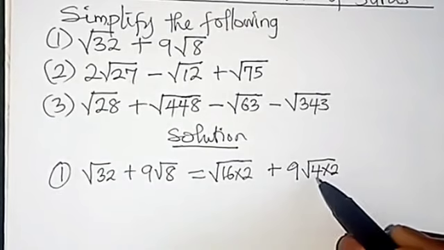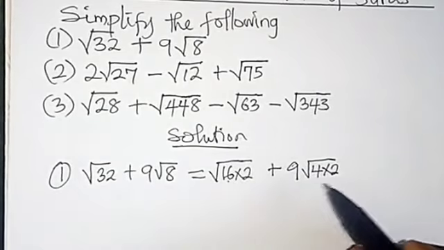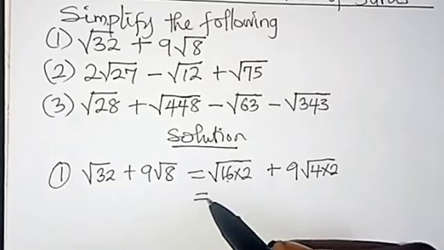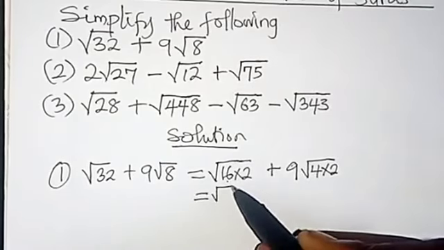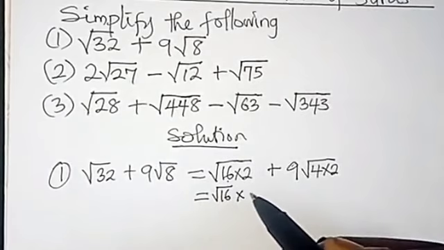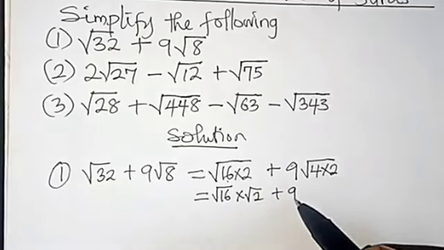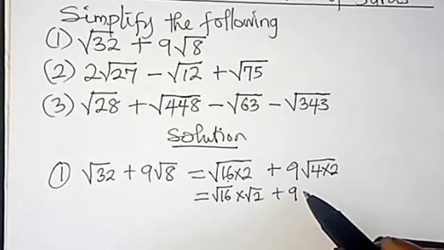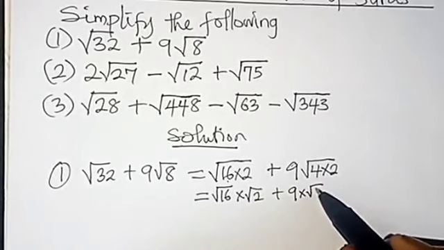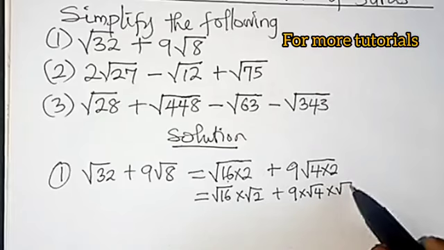The reason is that 4 is a perfect square, 16 is a perfect square, so this can be further solved. If I break it, root 16 times root 2 plus, I'll keep my 9, and it can be written as 4 times root 2.